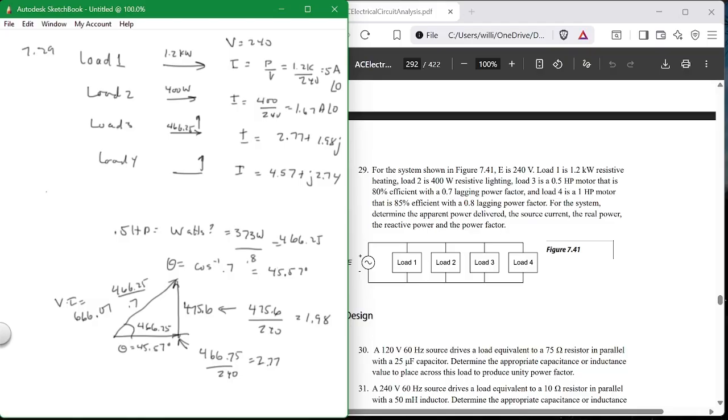Now I add all these together. I add my reals: 5 plus 1.67 plus 2.77, which is this one, plus 4.57, and that equals 13.18 amps total. And then my imaginary I is equal to 1.98 plus 2.74, or 4.72.